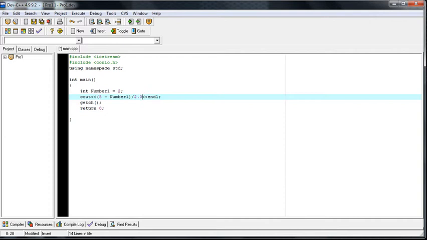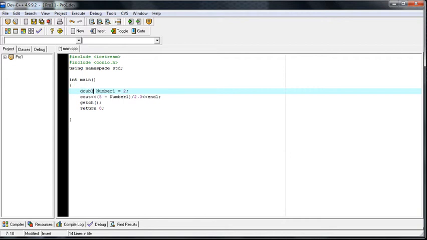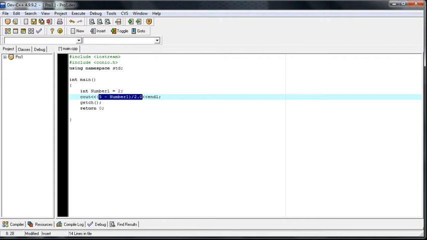There are two kinds of typecasting. There is explicit typecasting, like you can do up here, and I can write double, and it's going to be a double. Or there's implicit typecasting, which is when the computer just infers, like in this expression, what it's going to be. So this is implicit typecasting.